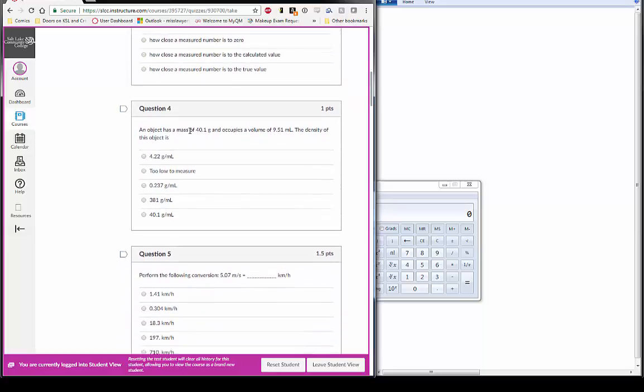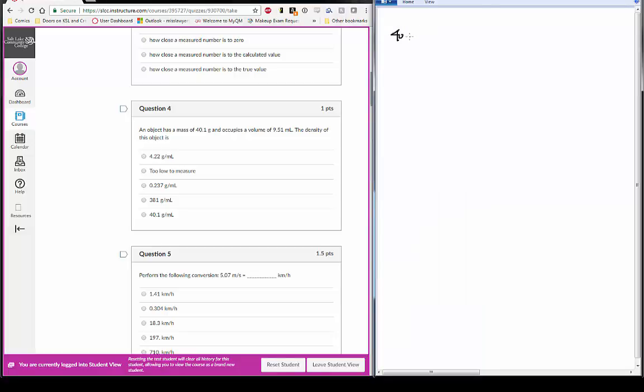If an object has a mass of 40.1 grams and occupies a volume of 9.51 milliliters, the density is what? Note that we do not give you a formula for density anywhere here. If you look at the answers, though, you can see they want units of grams per milliliter, grams divided by milliliters. I have grams, I have milliliters, I can put that together. 40.1 grams divided by 9.51 milliliters.